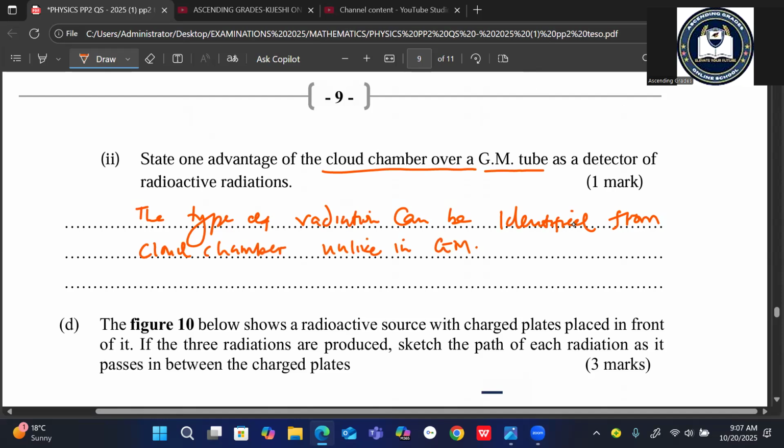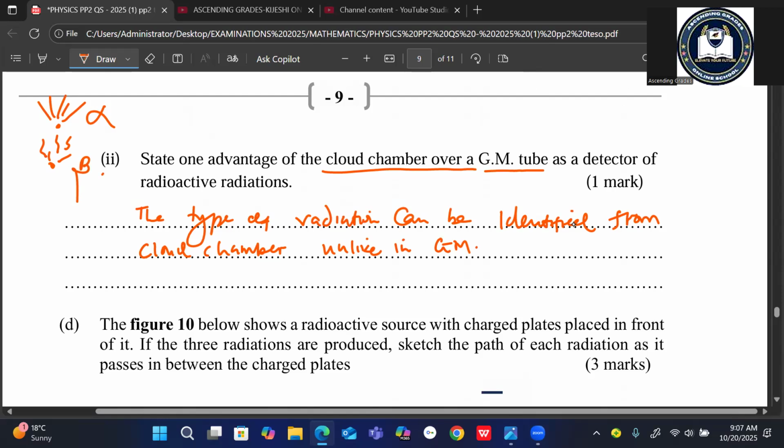If you have to explain this, then you can say that if in the cloud chamber we produce straight tracks like this, then this becomes the alpha radiation. If we produce some irregular tracks, but they are just moving upwards like this, this is beta.